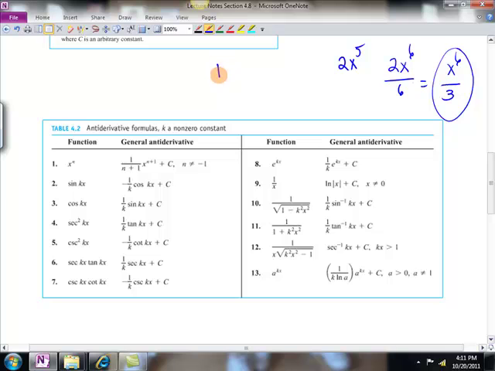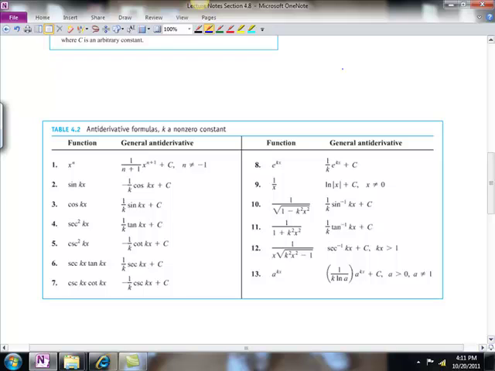I would rewrite that as 1/3 x to the 6th. 6 times that is 2x, take 1 away, 2x to the 5th. So it works. You're going to add 1 here, you're going to divide by whatever that number ends up being. That's the big one. That's the one that you're going to use more times than not.